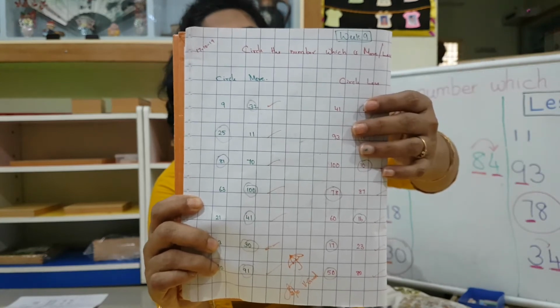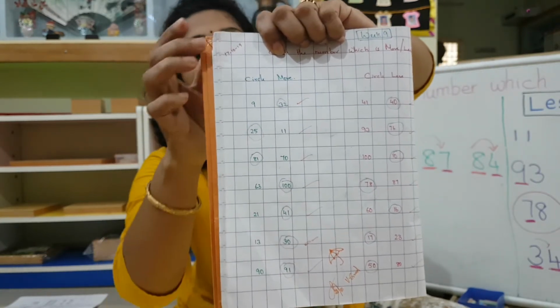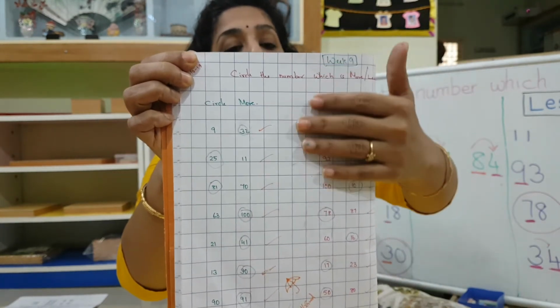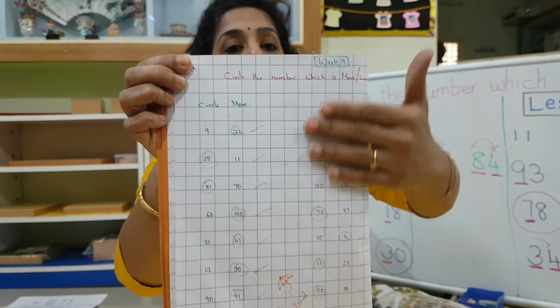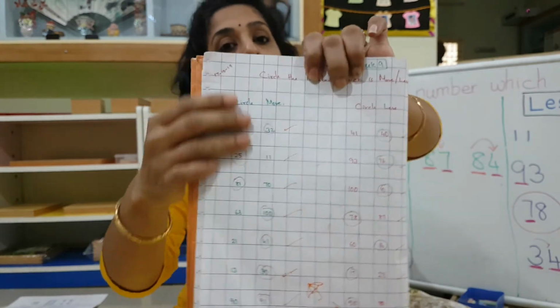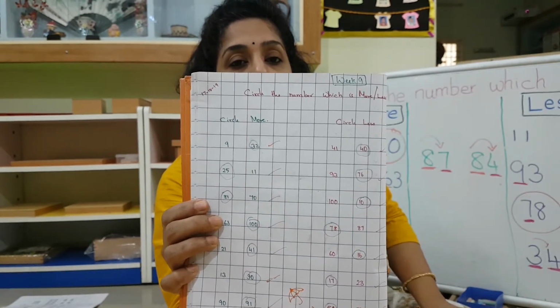I would have given it to you like this, with one set of numbers to identify more and another set of numbers to identify less. Today you do only this one. Okay? Do only less. Tomorrow you do more. If you did both on the same day, it will be confusing.